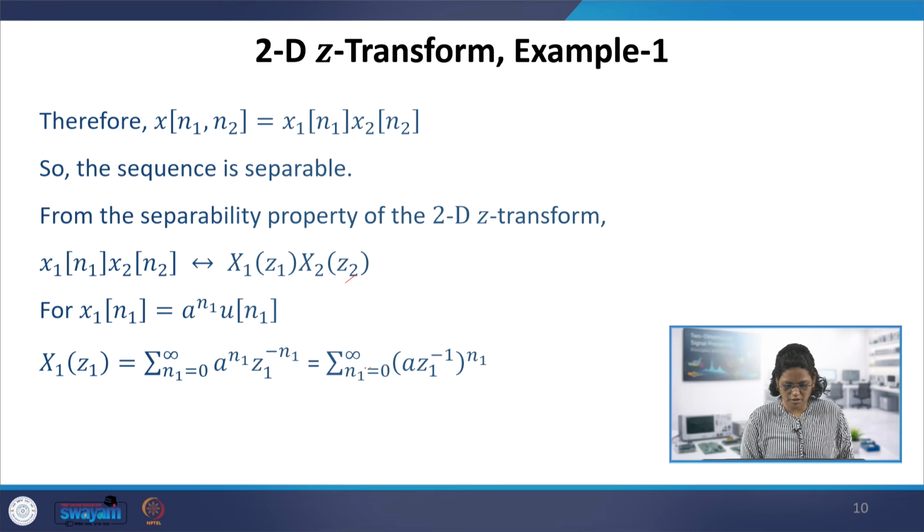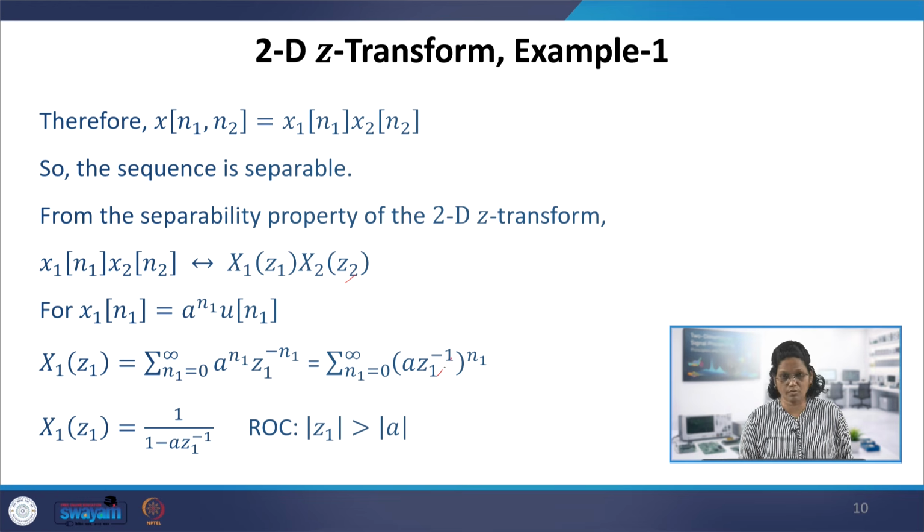This summation can be written as a z1 power minus 1 to the n1, and we get the closed form 1 by 1 minus a z1 power minus 1, if the magnitude of a z1 power minus 1 is less than 1. If this is less than 1, then the magnitude of z1 is greater than a. That is the ROC for the first sequence.